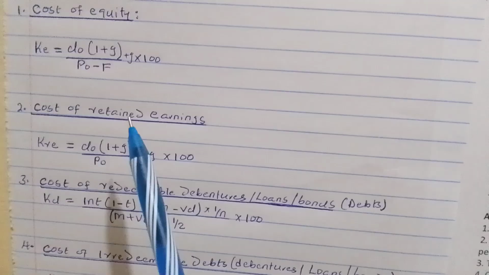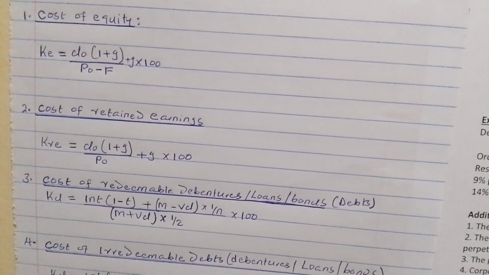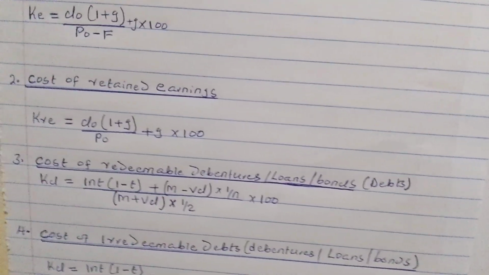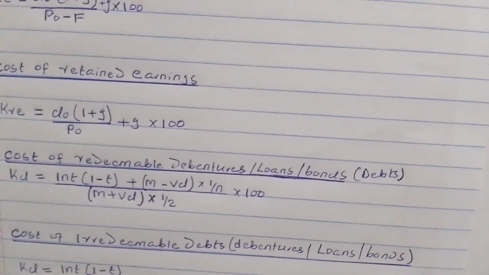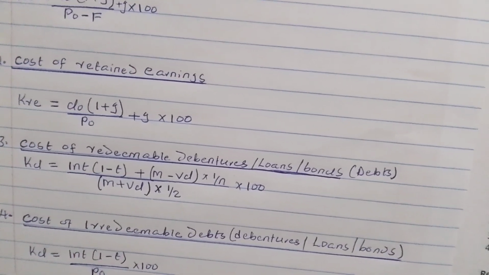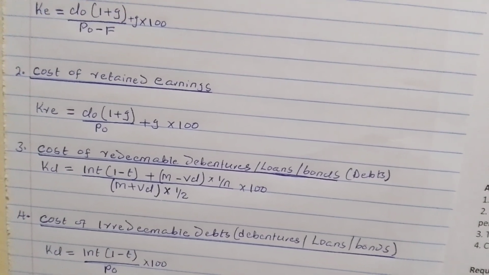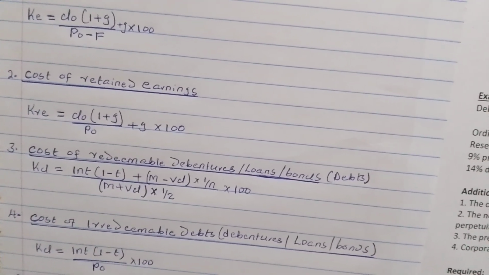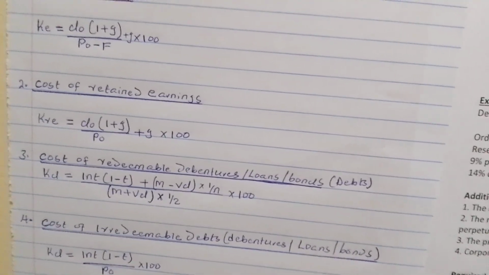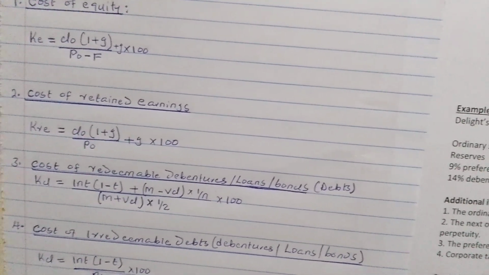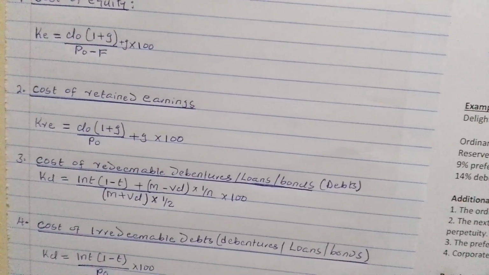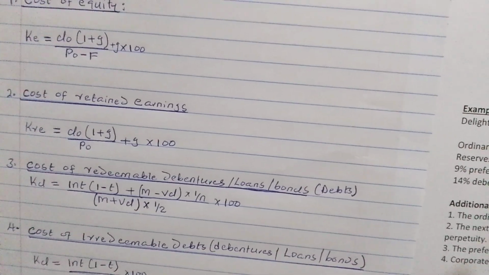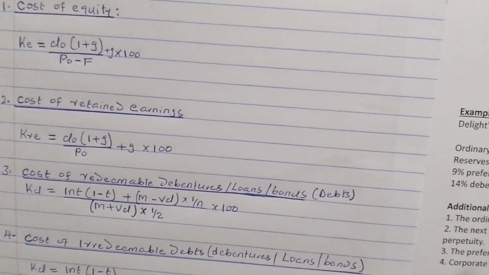So note that as far as cost of equity and retained earnings are concerned, the concepts are the same. However, when we start our calculations, another difference will present itself. As you will see from different questions, the examiner may require you to calculate weighted average cost of capital using either market values or book values.